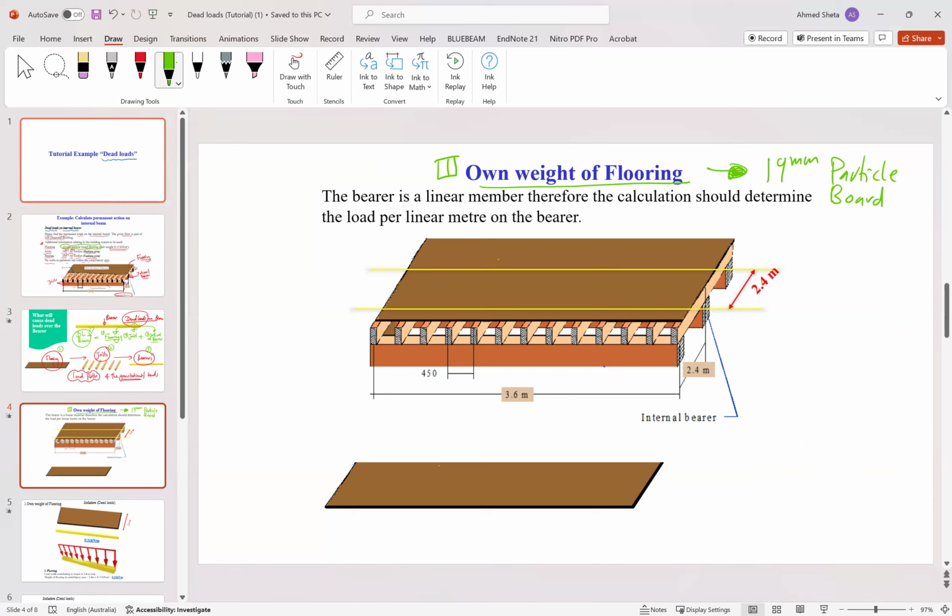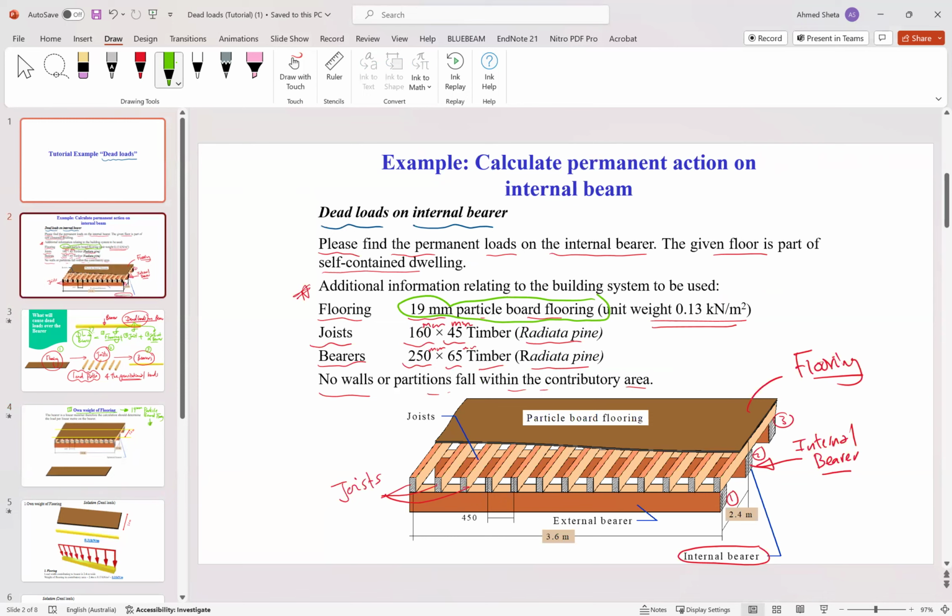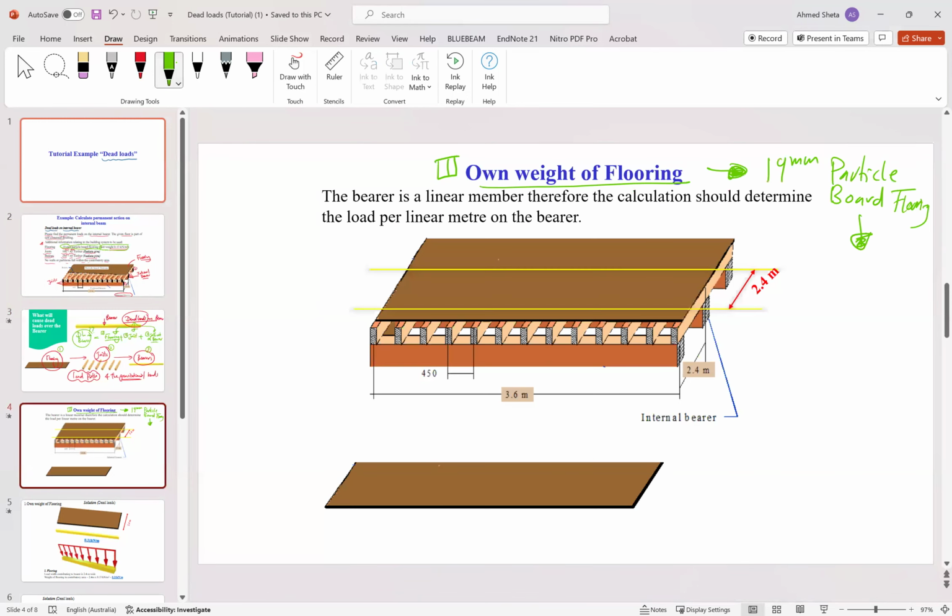Also, it is given the own weight of this material, which is 0.13 kilonewton per square meter.